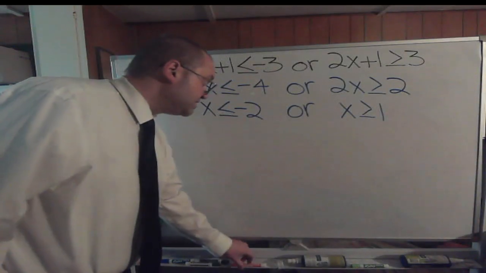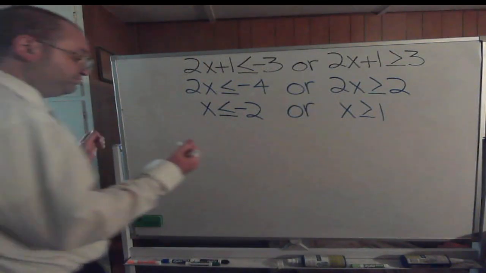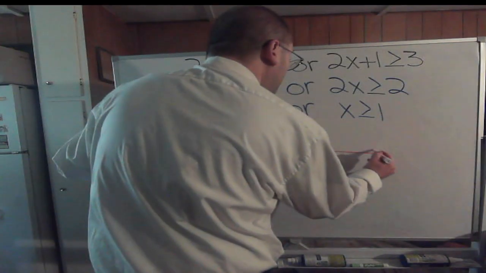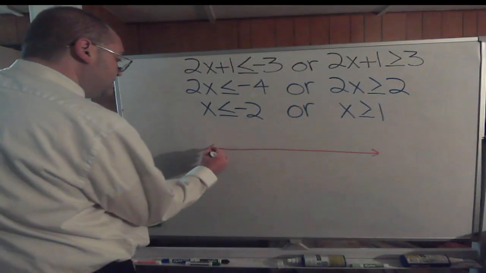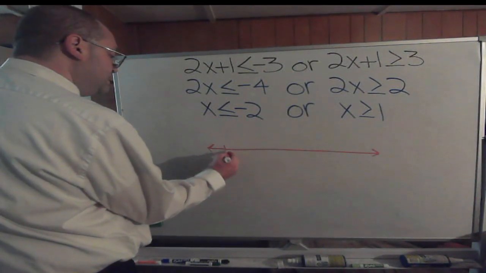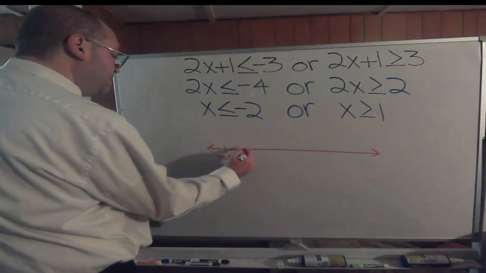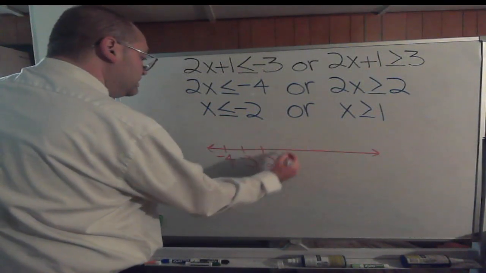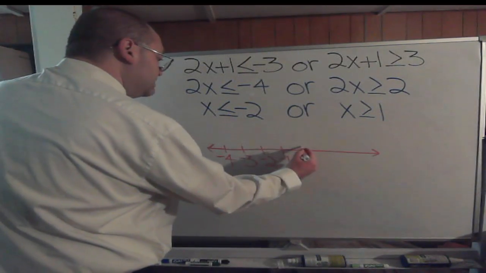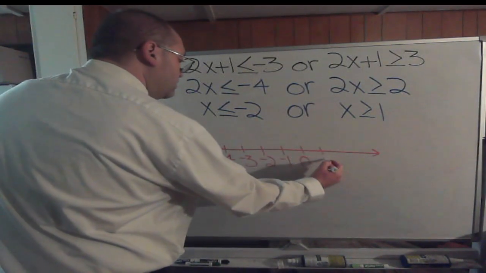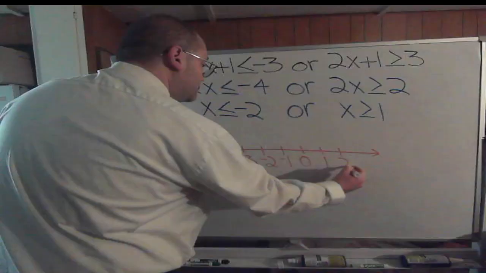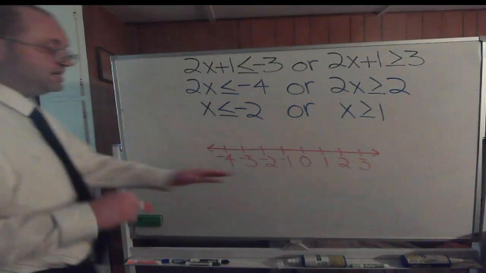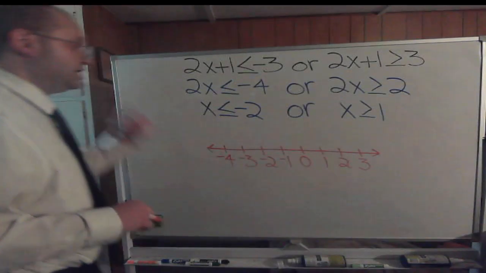Now for the final step, we need to graph this. Let's put negative 4, negative 3, negative 2, negative 1, 0, 1, 2, 3. So we have a good representative sample of numbers.